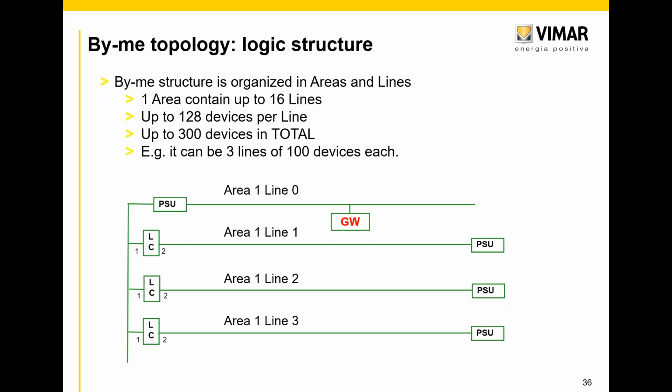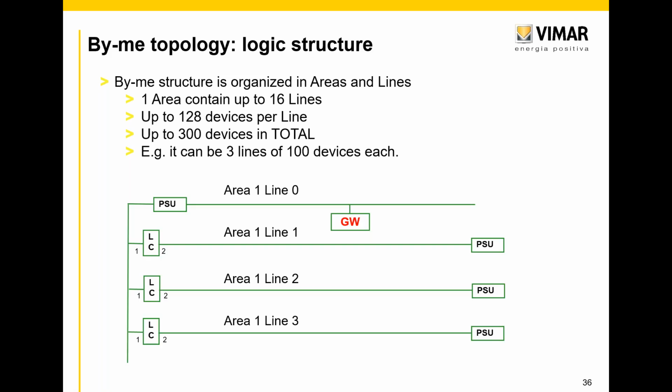Logically, it is important now to introduce the concept of areas and lines. This is a sort of logical structure of devices. Every device has an ID, as a name, because it uses the bus structure. So every function, every device is related to a specific address.